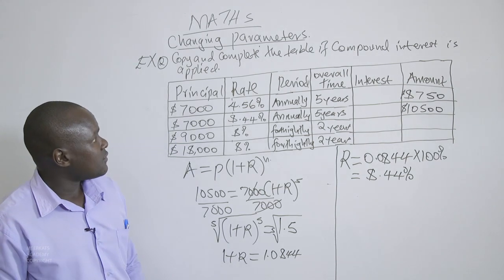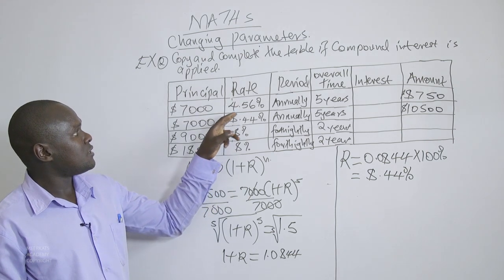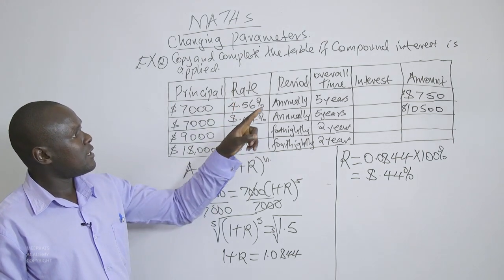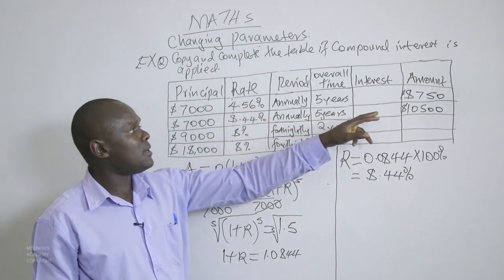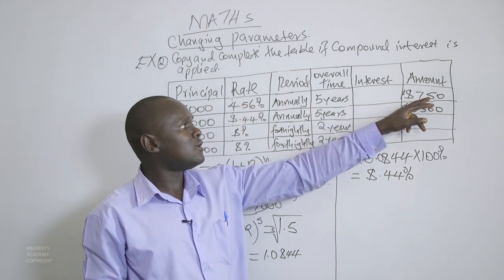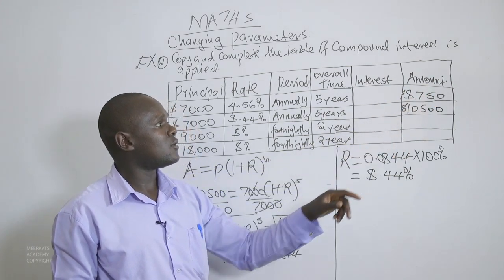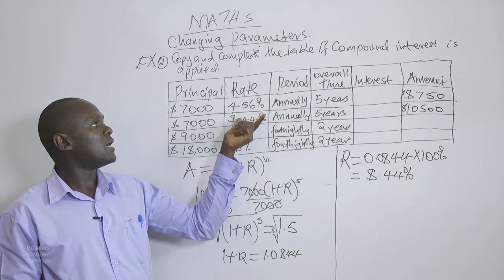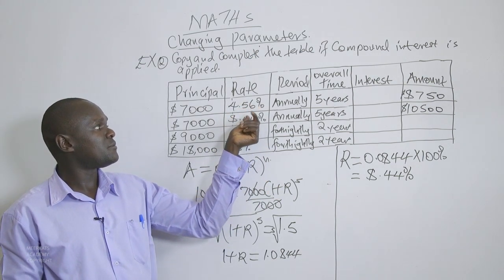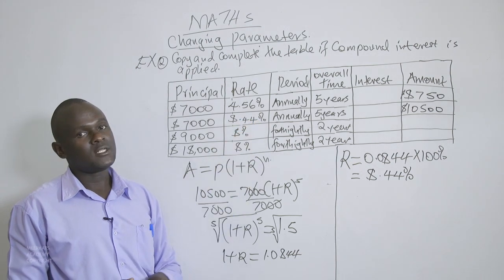So what are we observing? We can observe that when the amount changes, it means that the rates have changed. When the amount changes from $8,750 to $10,500, the rates have actually almost doubled from 4.56% to 8.44%.